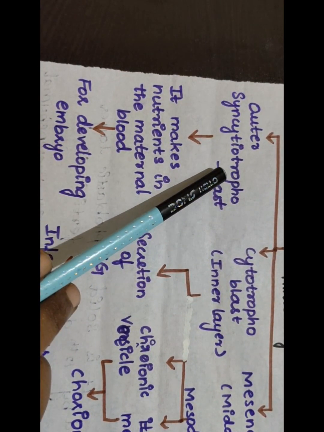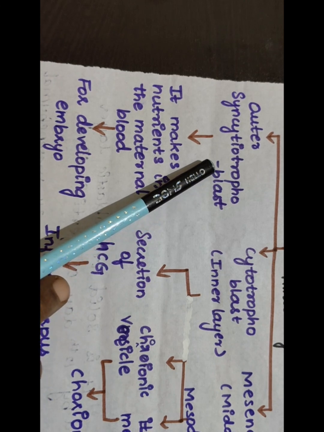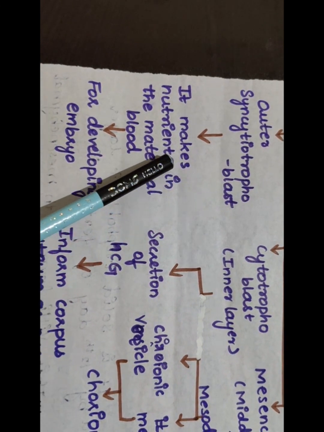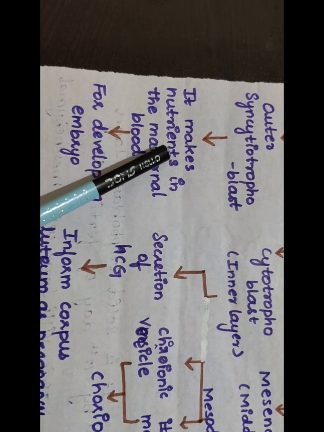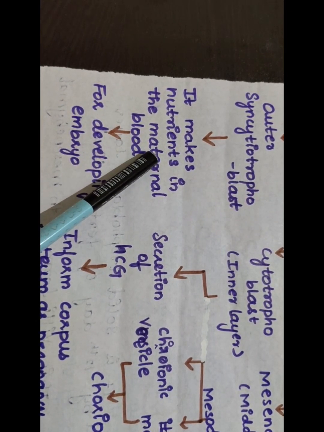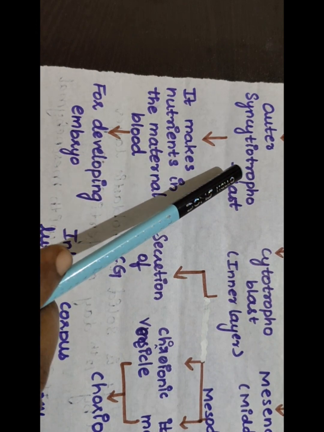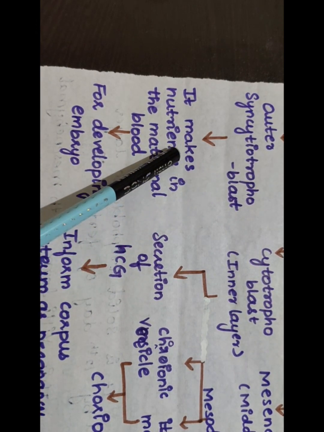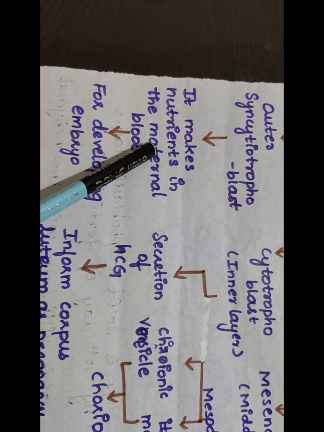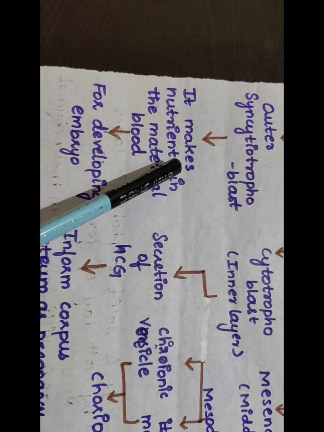First we'll see the outer layer, the syncytiotrophoblast. Later we'll see it in the figure. It takes nutrients from the maternal blood. If you look at the outer layer, it connects with the maternal side immediately, so the maternal blood reaches the outer layer immediately.